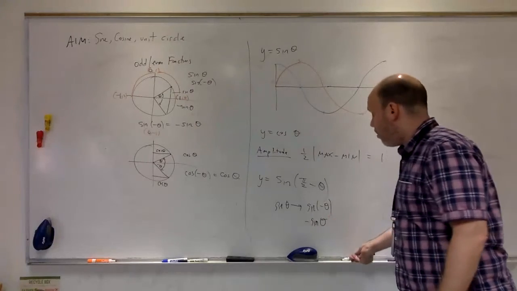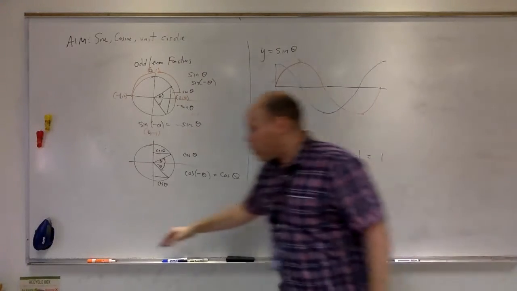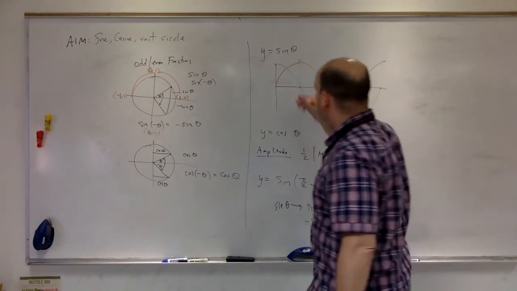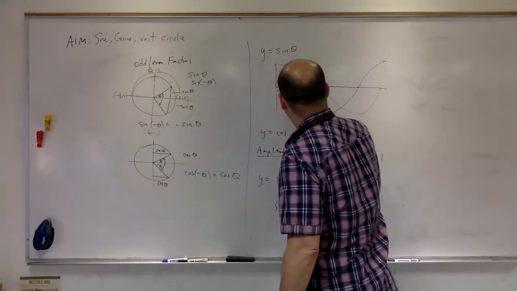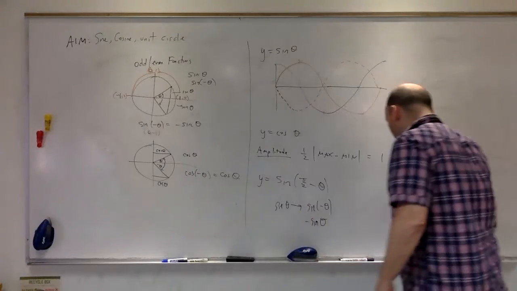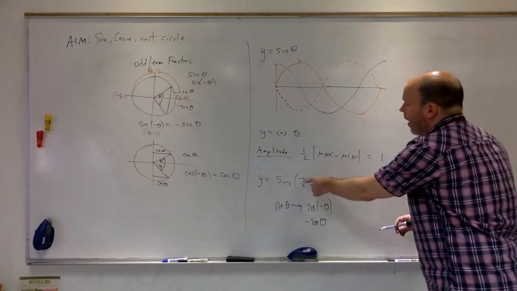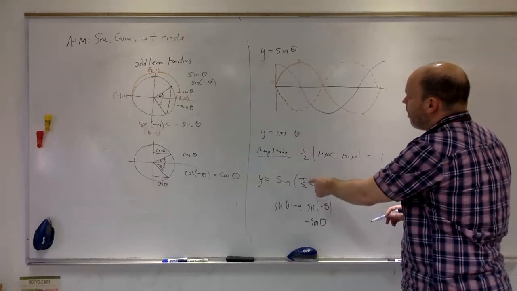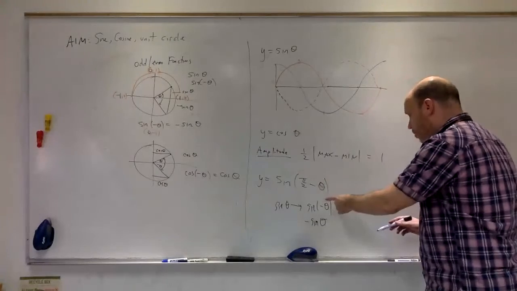So the first transformation is simply a reflection over the x-axis. So let's reflect. And then the last transformation, you say, okay, move everything 90 degrees to the right.